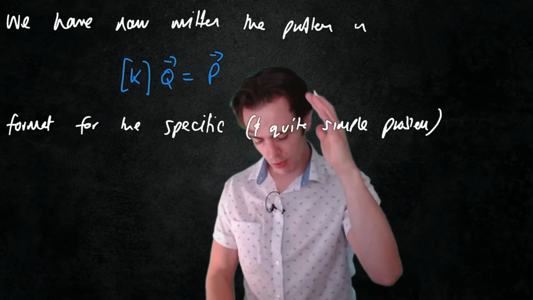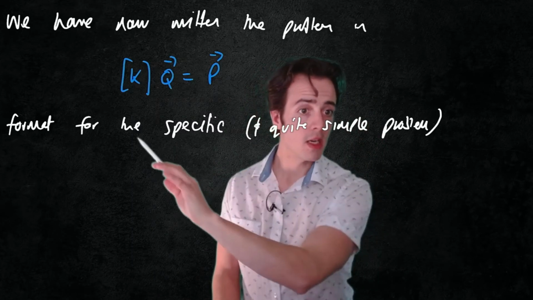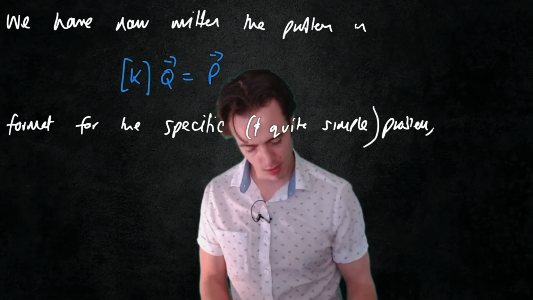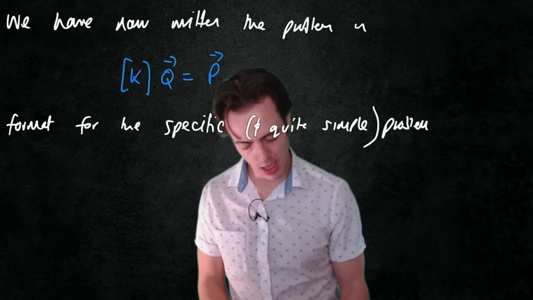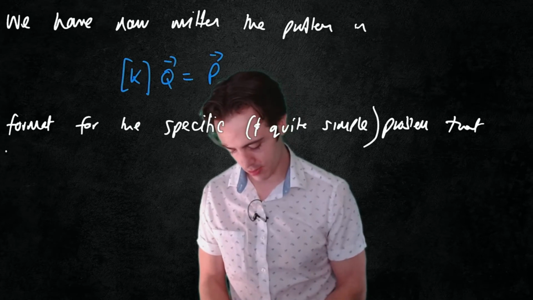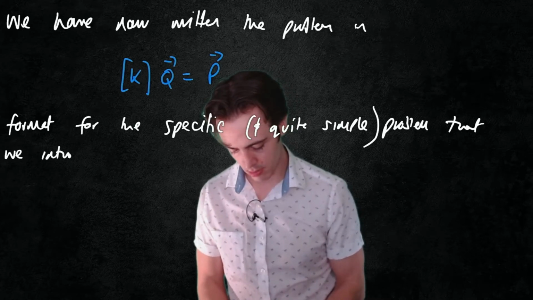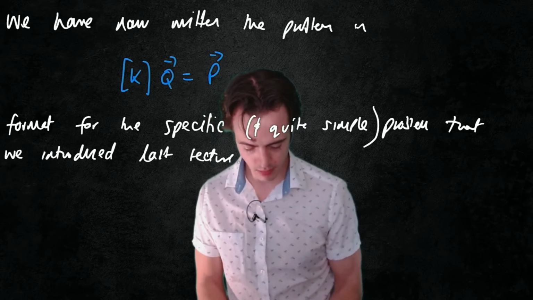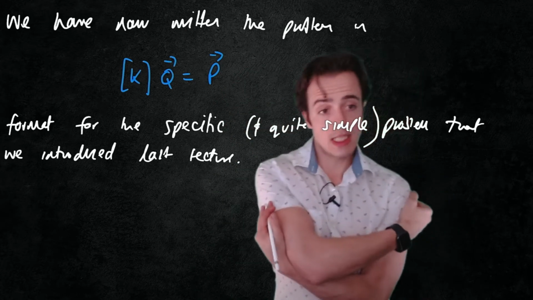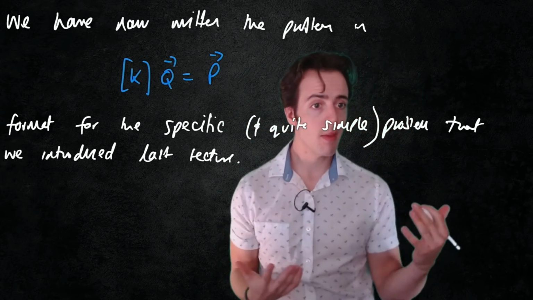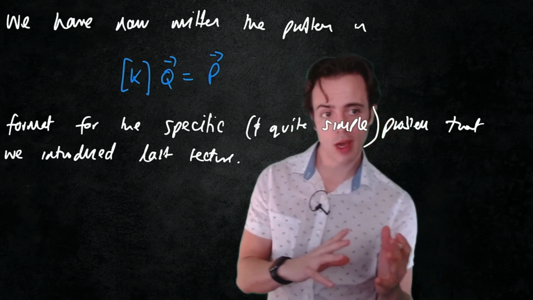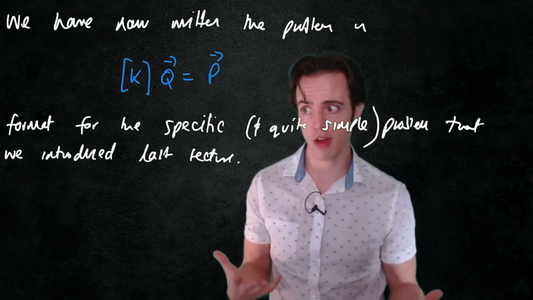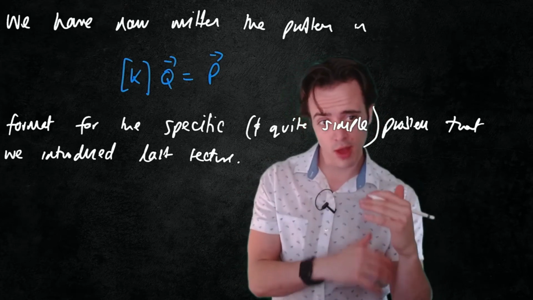So we've written the problem as KQ equals P for the specific and quite simple problem that we introduced last lecture. The way we did that is we went through each node step by step and wrote the equilibrium equations: the sum of forces in the x direction has to be equal to 0 and the sum of forces in the y direction has to be equal to 0, producing 6 equations.